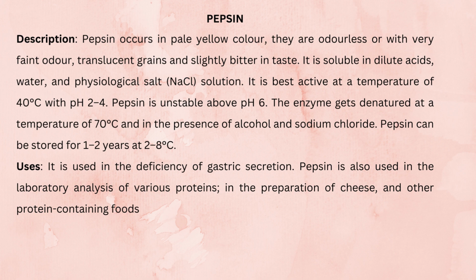It is soluble in dilute acid, and it has its best activity at a temperature of about 40 degrees, with an optimum pH of action of 2 to 4, and it gets denatured above a temperature of about 70 degrees. Also, alcohol and sodium chloride will denature the pepsin, and it can be stored for up to 2 years at 2 to 8 degrees centigrade.